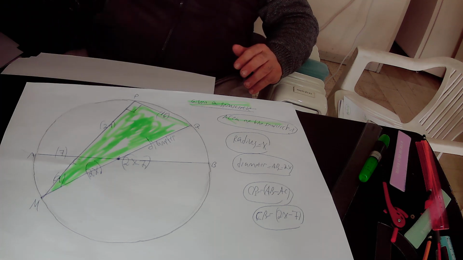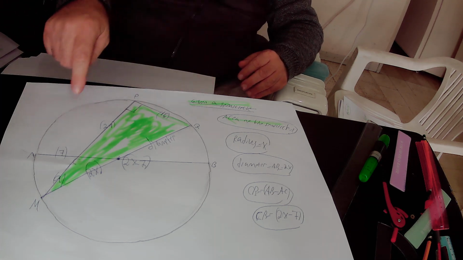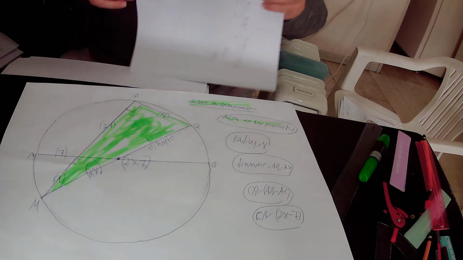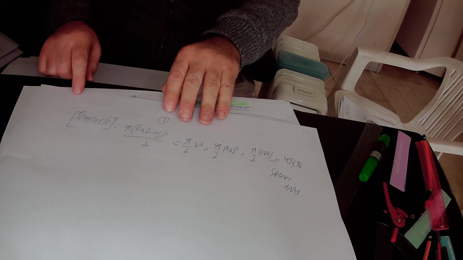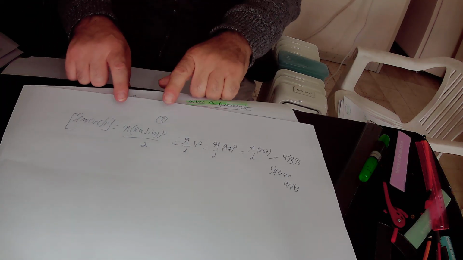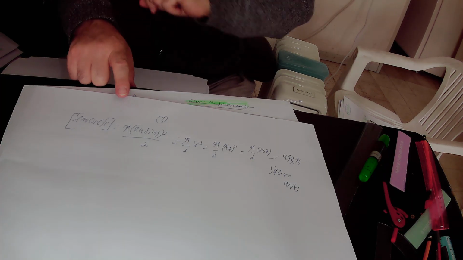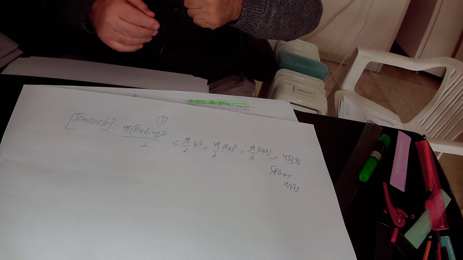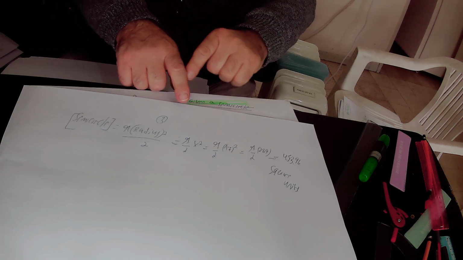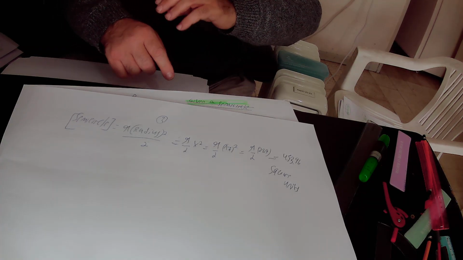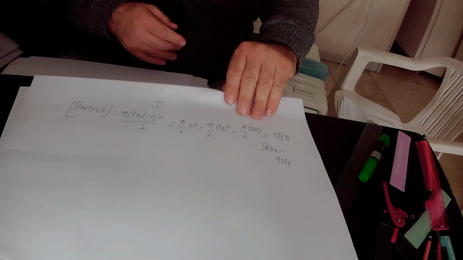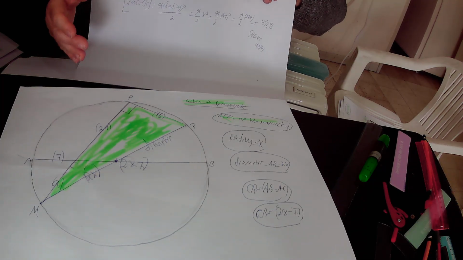Our task was to find out the area of this semicircle. Actually, we know that the area of any semicircle equals pi times the radius of the semicircle squared over 2. Therefore, the area of our semicircle must be equal to pi over 2 times the radius of our circle squared. The radius of our circle is x, therefore the radius squared is x squared.